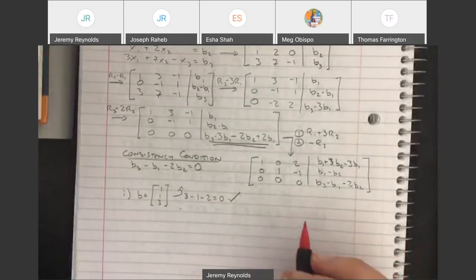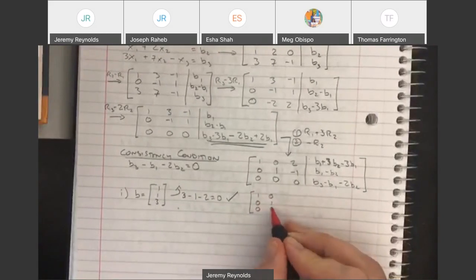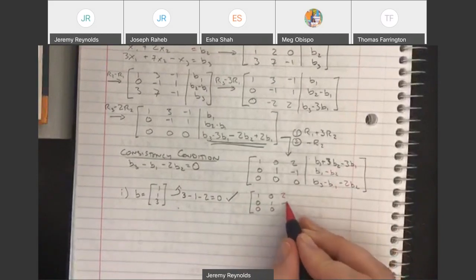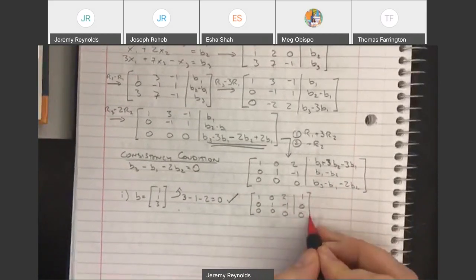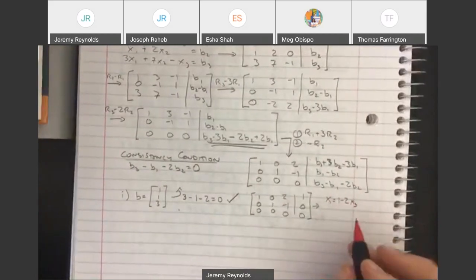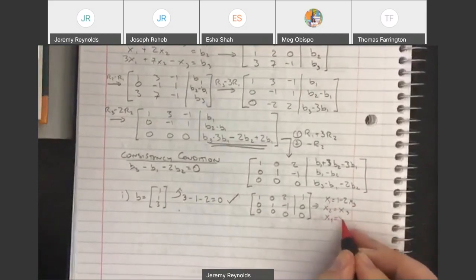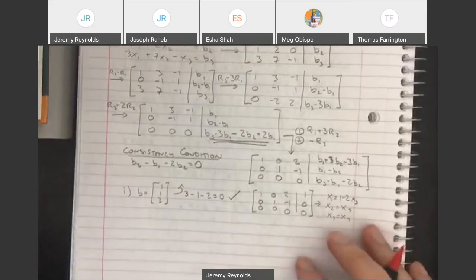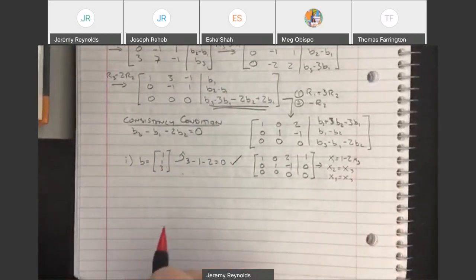Plugging the b values into our reduced system, we get 1, 0, 0. This means x1 equals 1 minus 2x3, x2 equals x3, and x3 equals x3. So x3 is our free variable, and x2 and x1 are both constrained variables. We can choose any value for x3, and it'll be a solution to this system.